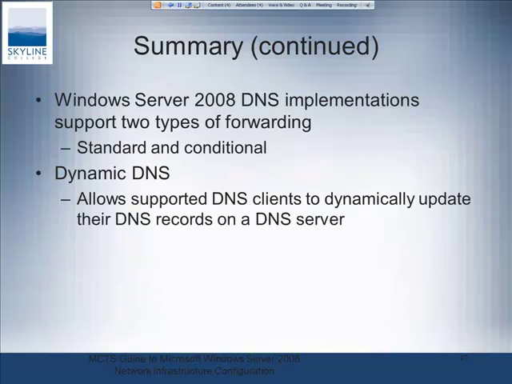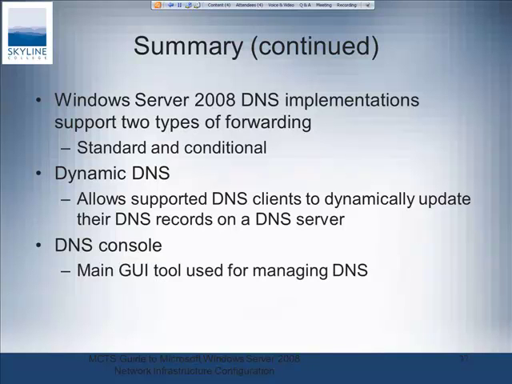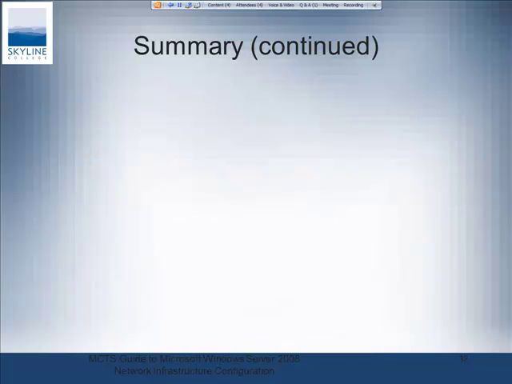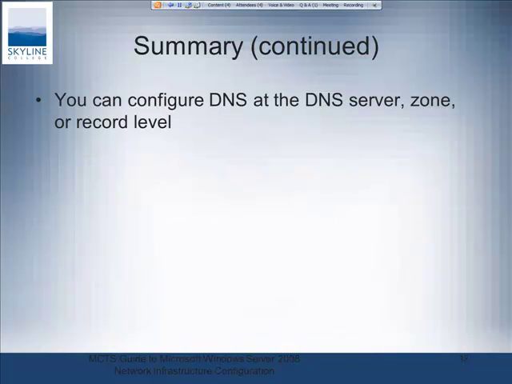DNS implementations: forwarders we talked about, and dynamic DNS for supported clients to dynamically update their DNS records. For the non-supported clients, DHCP can update their records for you, so that we don't have to have Patrick here at 4 o'clock in the morning to update all the DNS records that DHCP assigns for us.